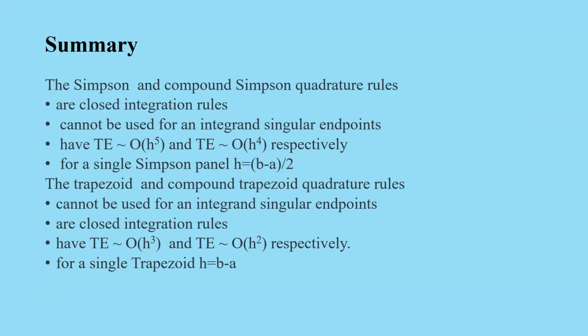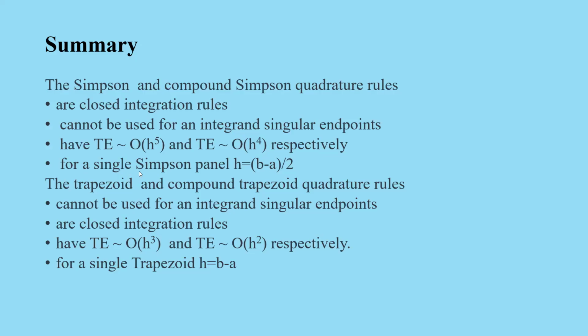The truncation error for the single panel of the Simpson is approximately h to the power 5, and for the compound Simpson rule the truncation error is approximately h to the power 4.